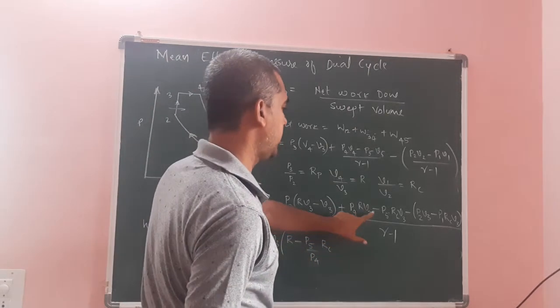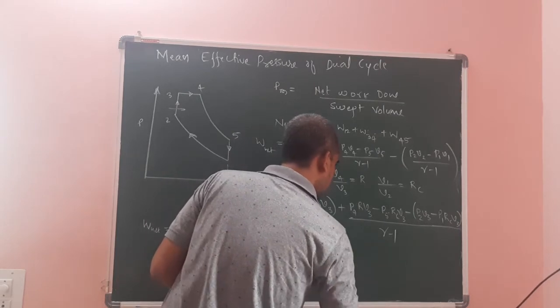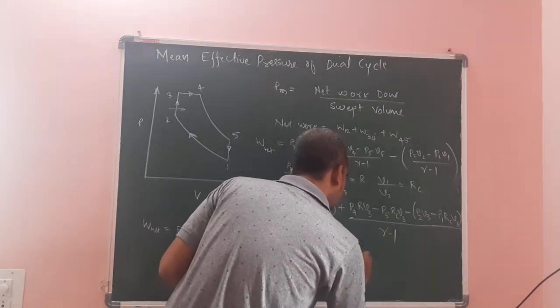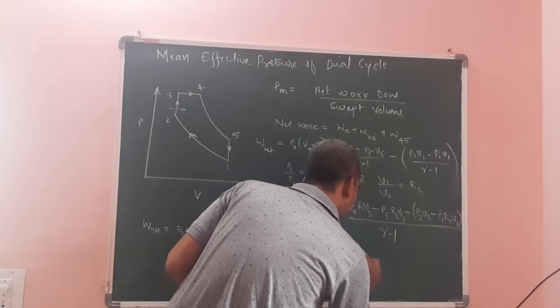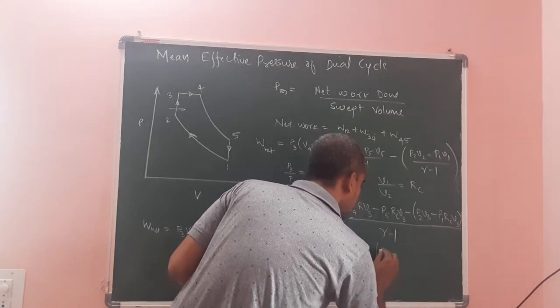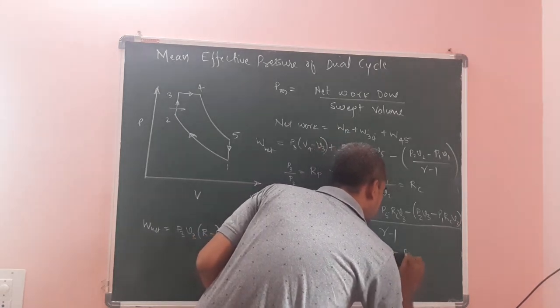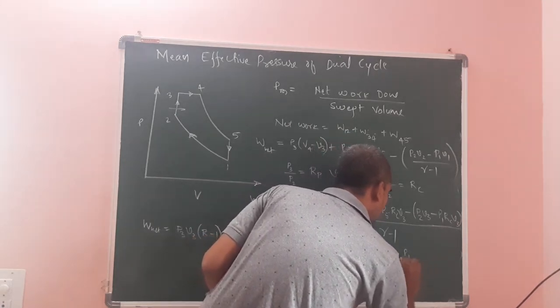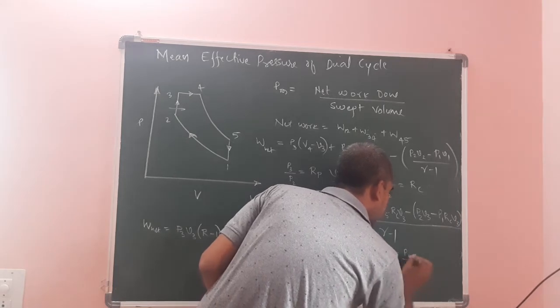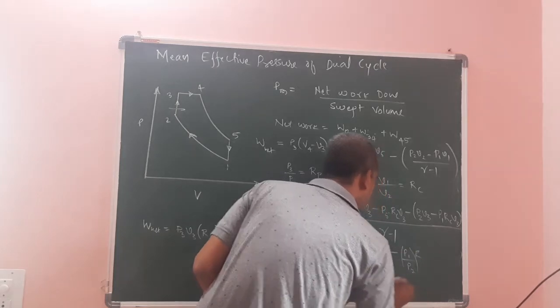Minus, again I will take P2, P3 as common in this one. What will remain? 1 minus P2 by P1, P1 by P2 into RC.